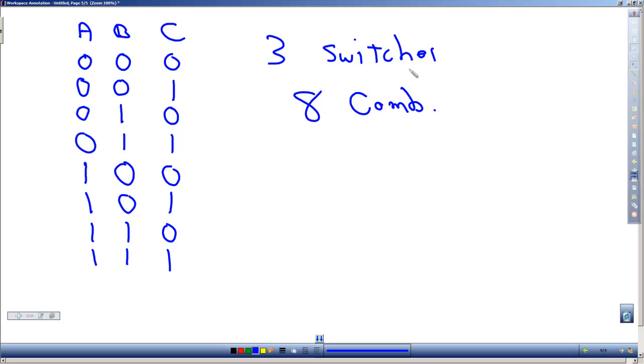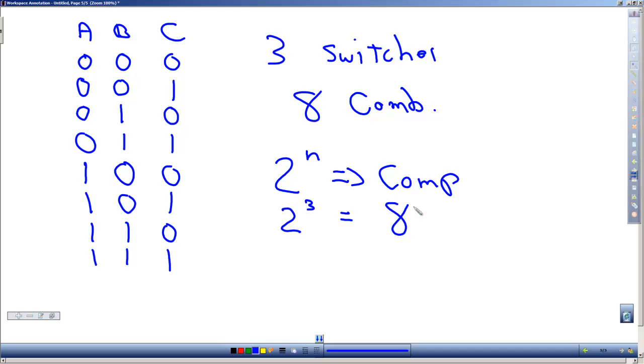or 8 possible values. If you were to expand that to 4 switches, we would get 16, 5 switches, 32. So what we have is 2 raised to the n power for the number of combinations. So 3 switches, 2 to the 3rd, gives us 8 combinations.